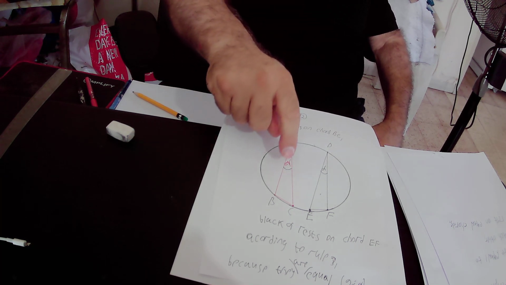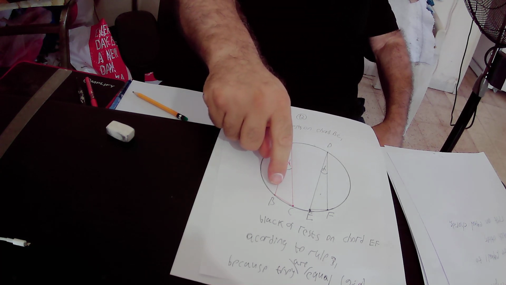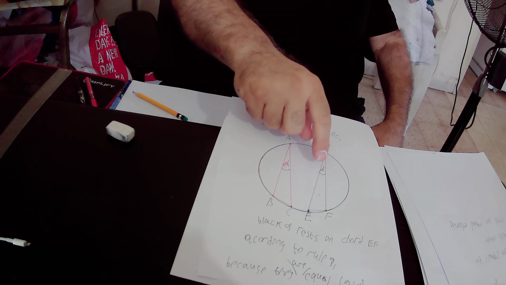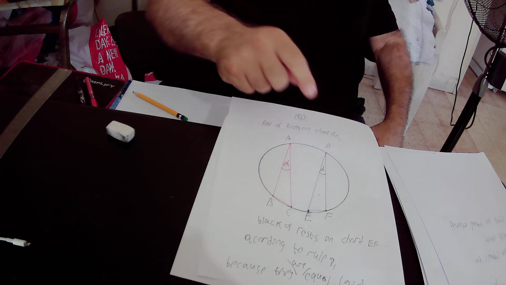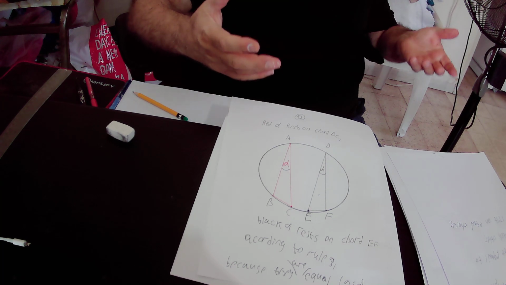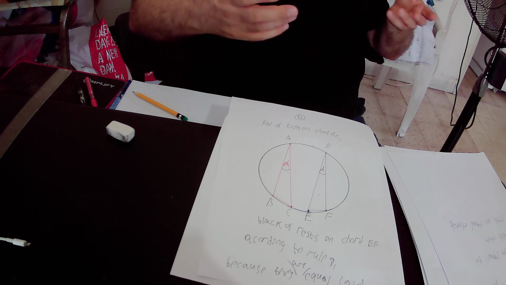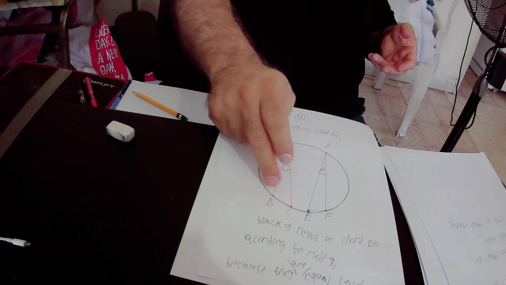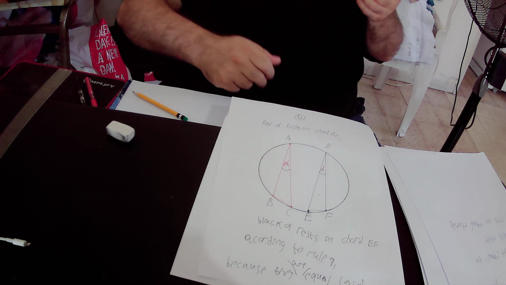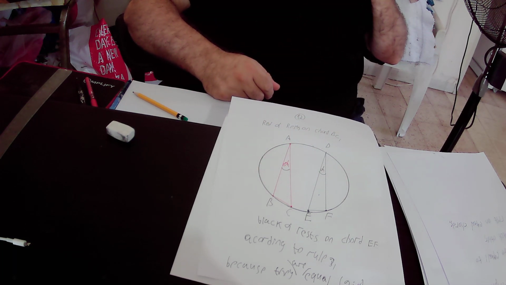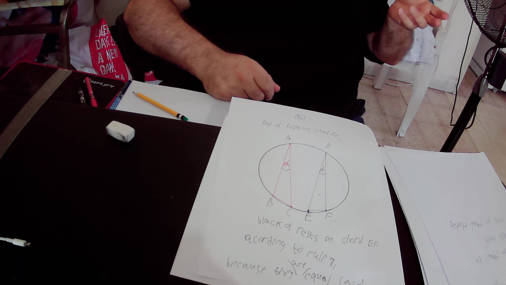The red alpha rests on chord BC and the black alpha rests on chord EF. That is to say, BC equals EF. Okay, so that is the explanation of rule number 3.